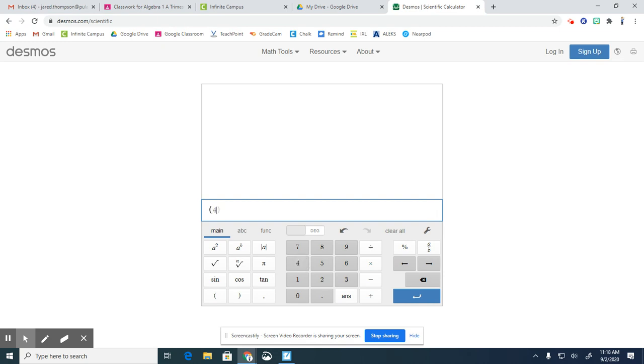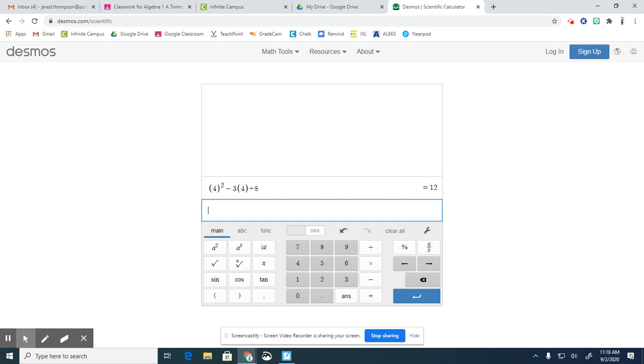Now watch how I type this in. 4 squared subtract 3, parentheses 4. Get out of those parentheses. Add the 8. Hit that. Boom. 12. You don't necessarily have to work it all out.